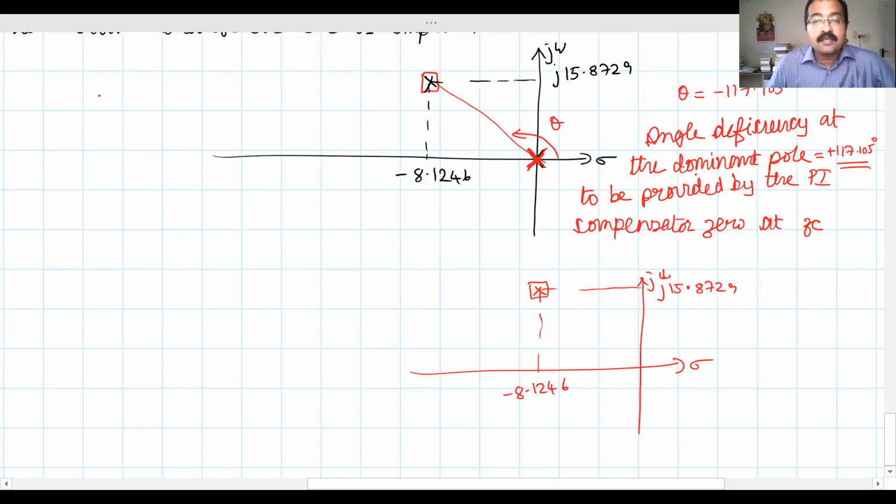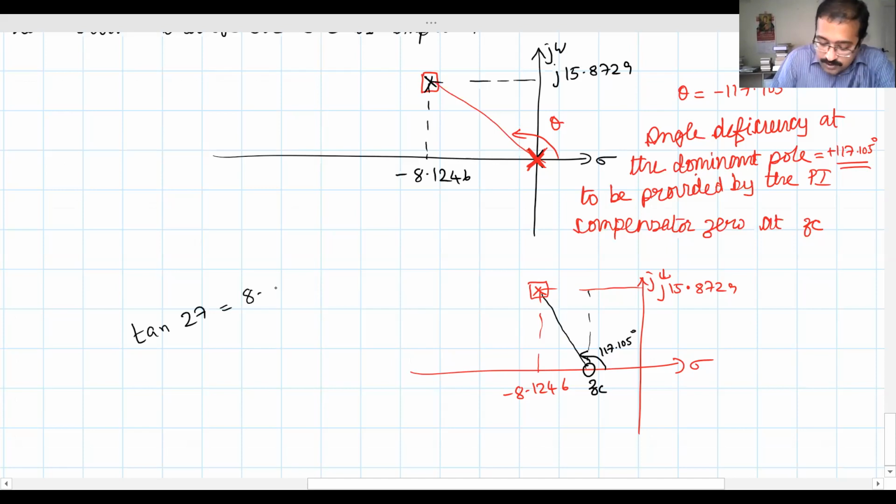So where should I keep my compensator 0? Somewhere here. Then only the net angle contributed by the 0 will be greater than 90 degree. So this should be 117.105. This is ZC. We know this much angle is 90 degree. So what will you get from this? Tan 27 equals how much?